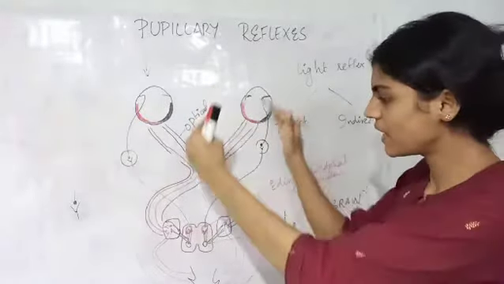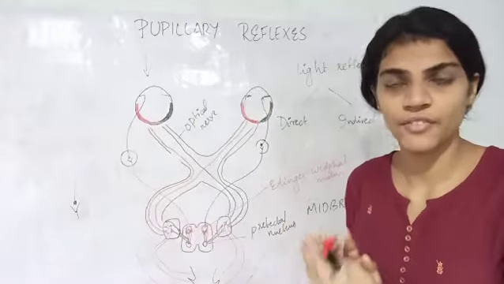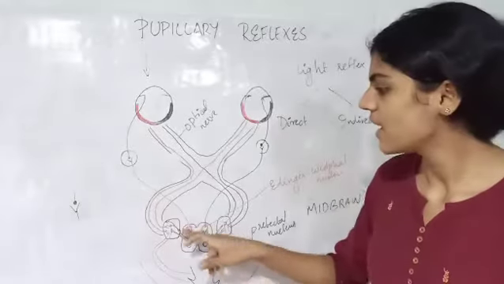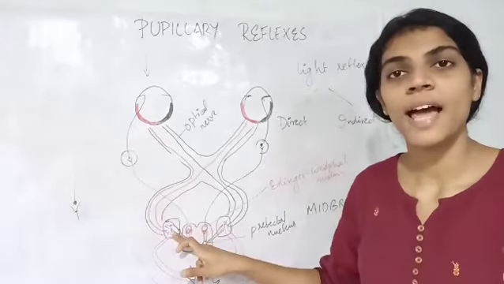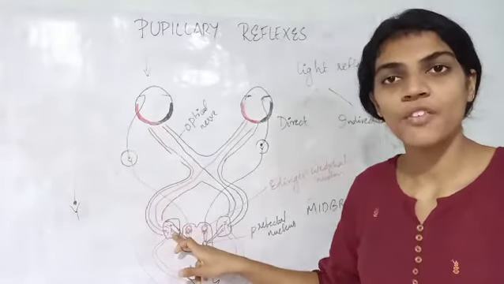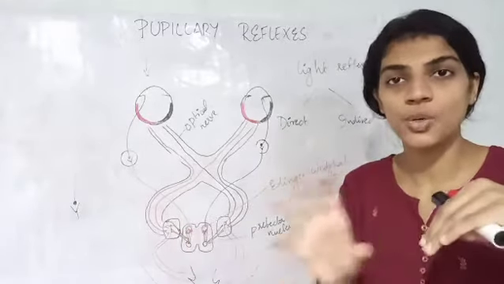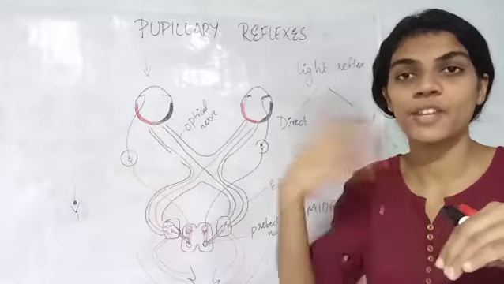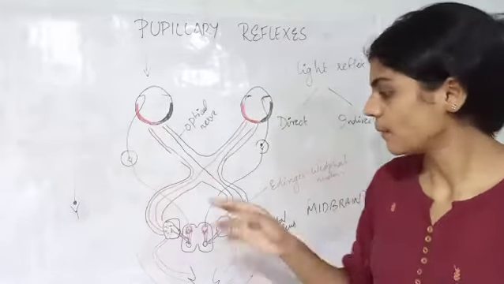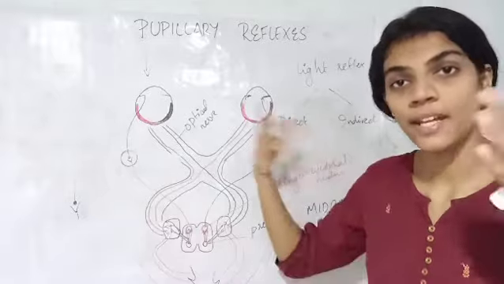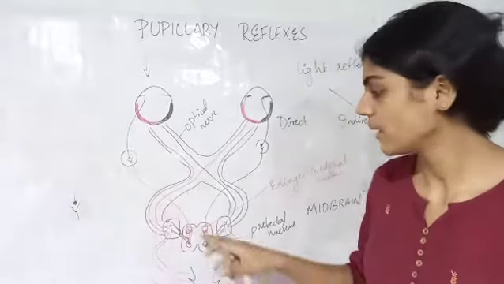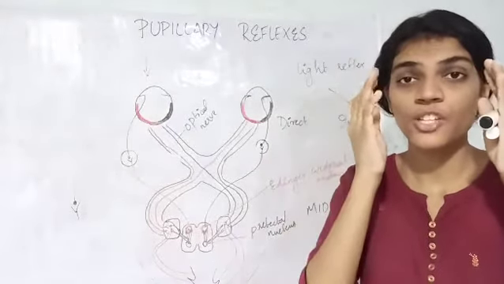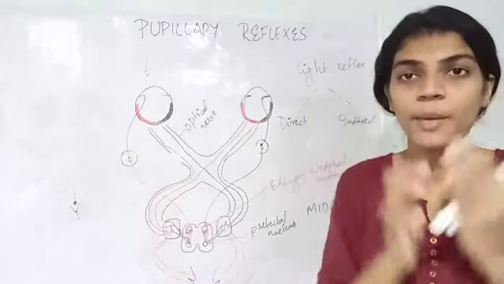It is a pathway similar to the visual pathway itself, but at the level of the lateral geniculate body, some of the nerve fibers cross to the pretectal nucleus, where the information for the light reflex is processed. From the pretectal nucleus, it goes to the Edinger-Westphal nucleus, and from there to the ciliary ganglion, which is situated just behind and close to the eyeball.